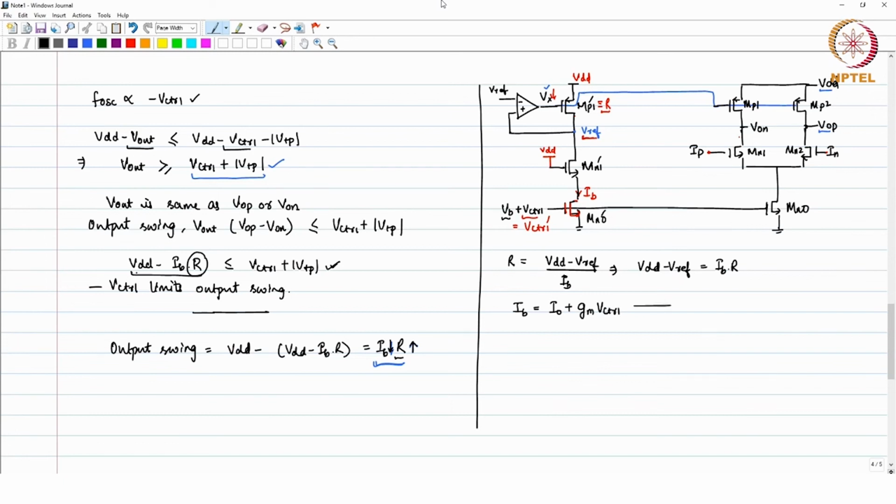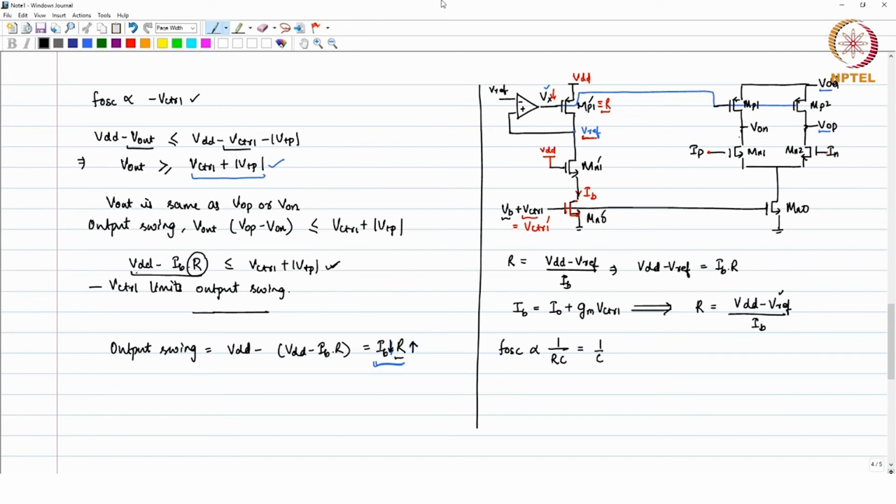right, which implies that resistance is equal to VDD minus Vref. Vref is the external voltage which you gave, VDD is fixed, Vref is fixed, divided by IB. Frequency of oscillation is proportional to 1 over RC.